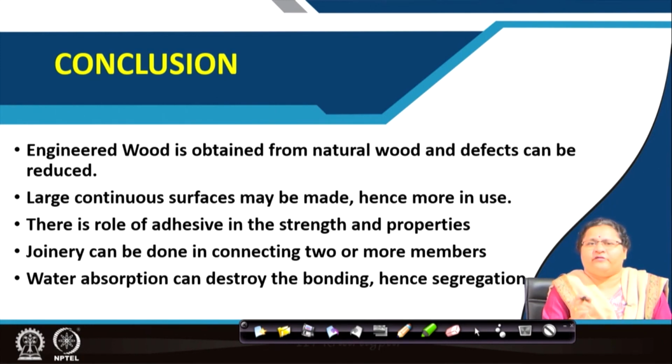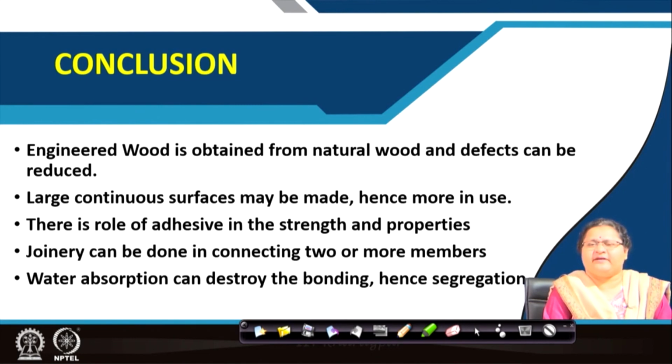There is the role of adhesive in the strength of the item. Usually it is almost at par with wood so far as strength is concerned. Joinery can be done in most cases. It is preferred for internal uses.